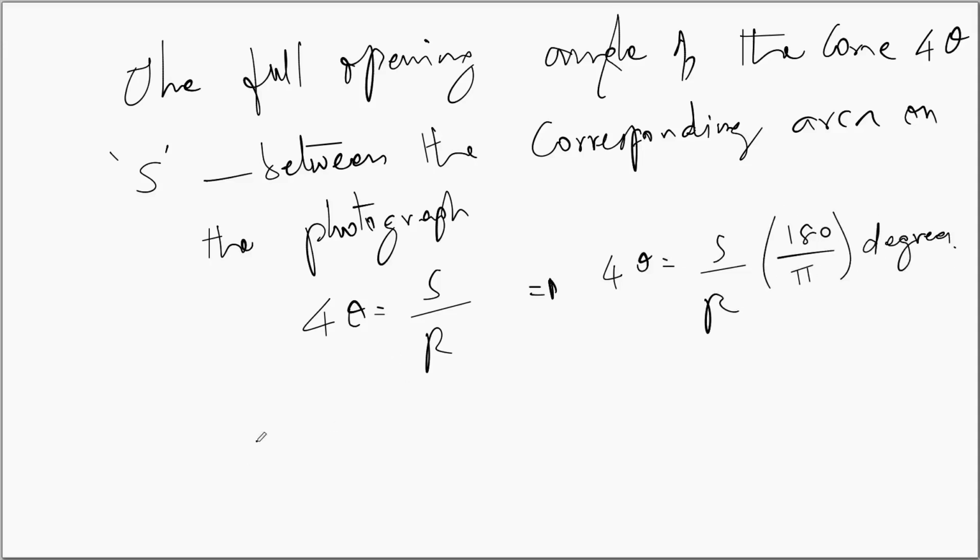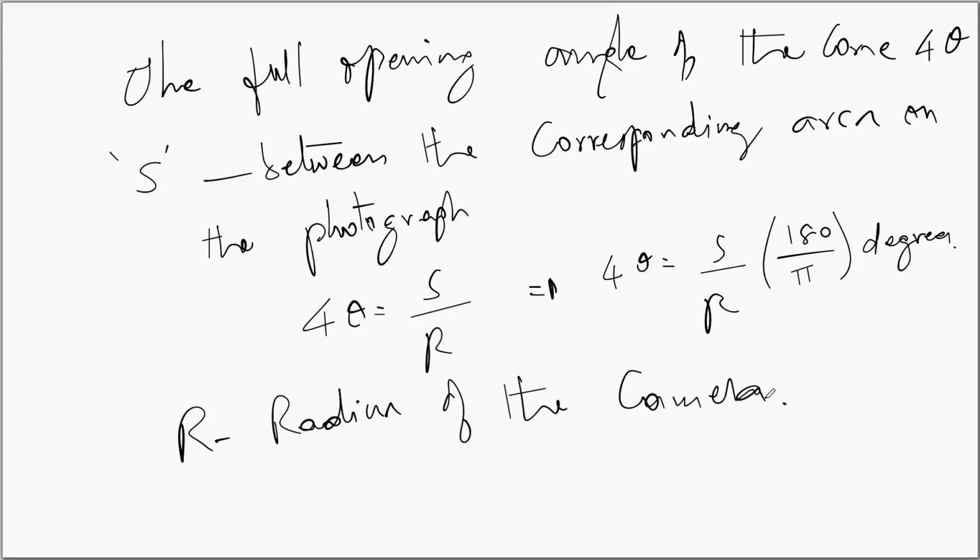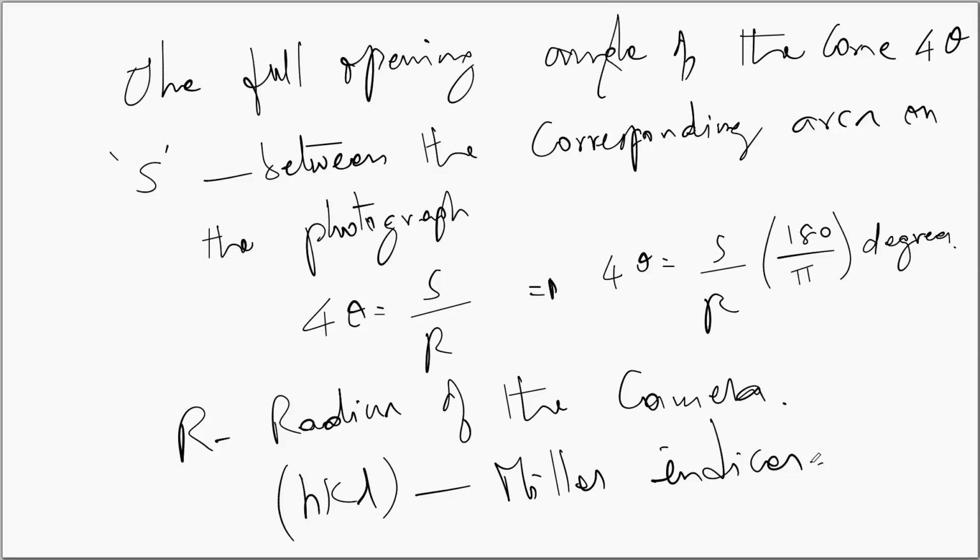Here r is the radius of the camera. A list of theta values can thus be obtained from the measured values of s. Since the wavelength lambda is known to us, substituting the value of lambda gives a list of spacings d. Each spacing is the distance between neighboring HKL planes. The HKL planes you will know from the Miller indices. From the ratio of the interplanar spacing, one can determine the type of the lattice.